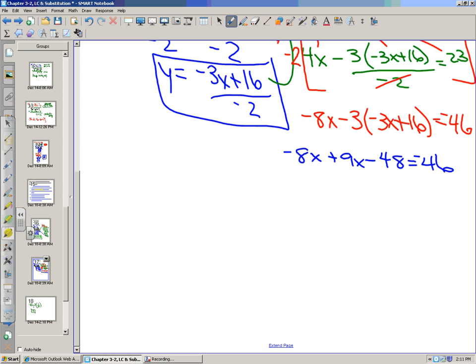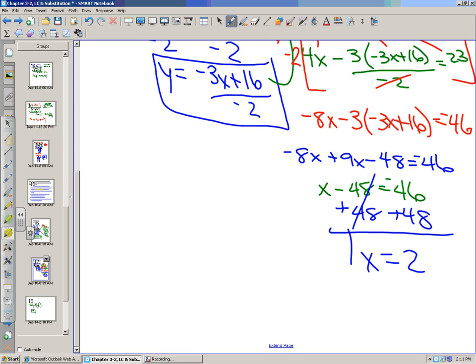Okay, what do I do? x minus 48 is equal to negative 46. Add 48 to both sides, and you get x is equal to 2.